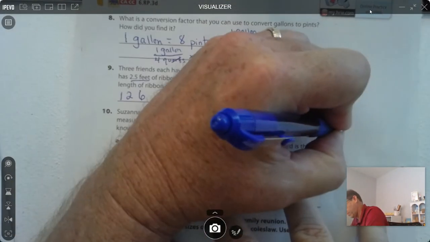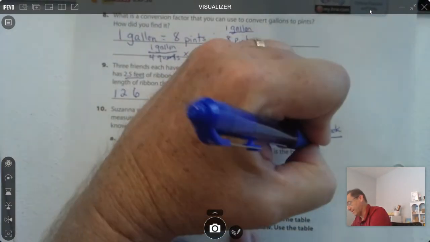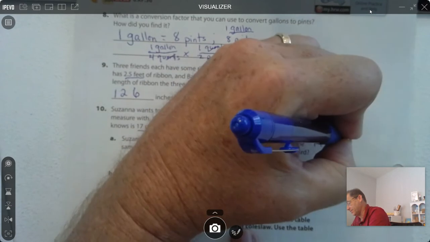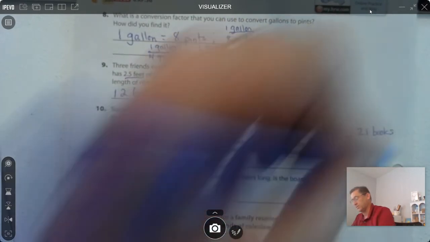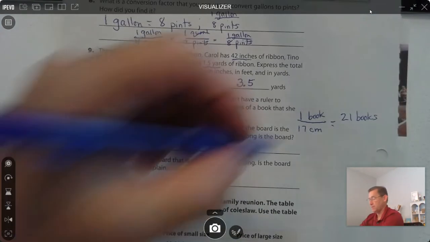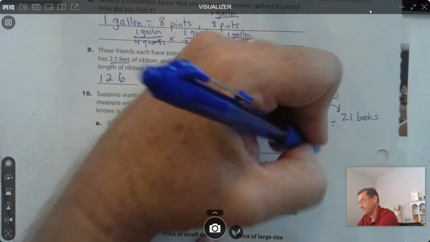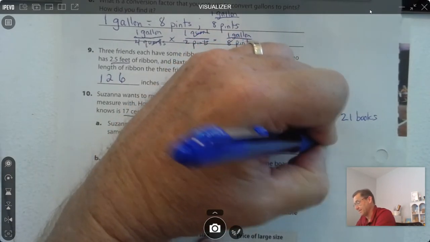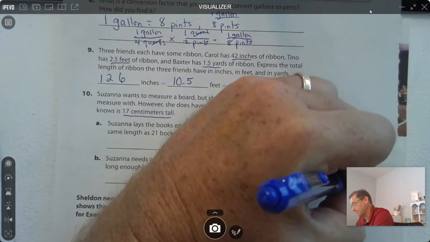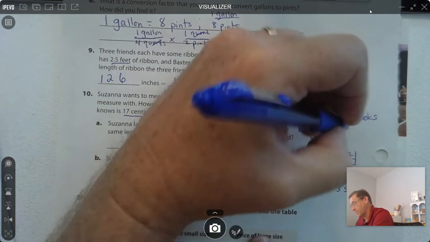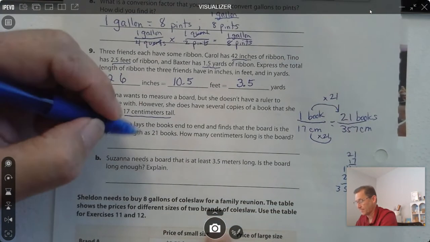Well, in this case, we can say one book is equal to 17 centimeters. So how long is 21 books? Well, that would be times 21, right? So 17 times 21 is 357 centimeters.